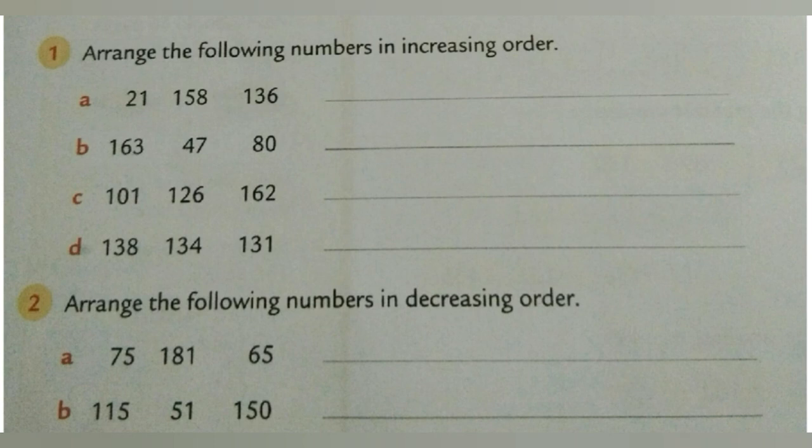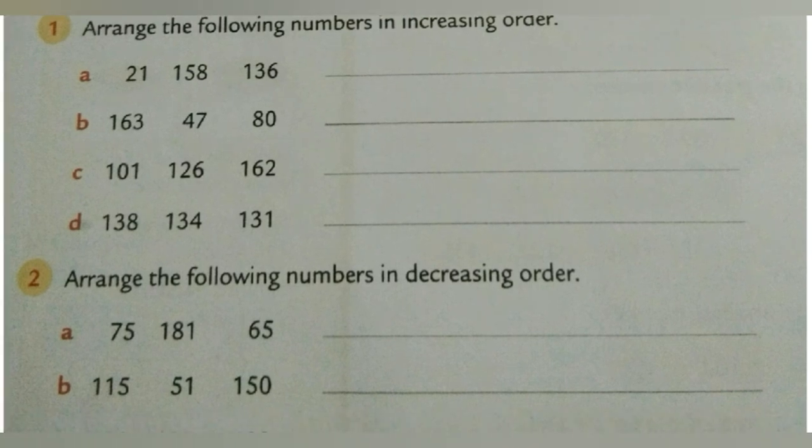Hope all of you are holding a pencil in your hand. Arrange the following numbers in increasing order. What is the meaning of increasing? From small to big. Check out the first number. 21, 158, 136. First, just see how many digits are there in each number.